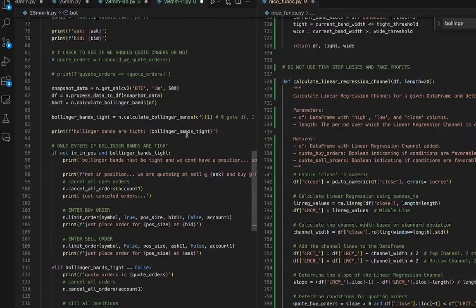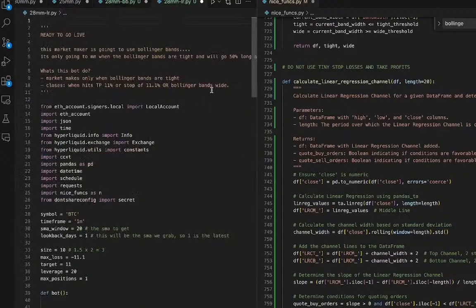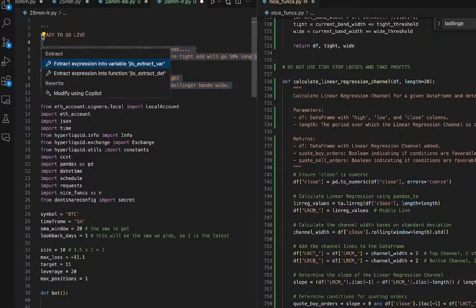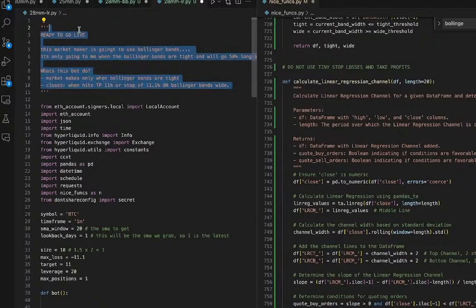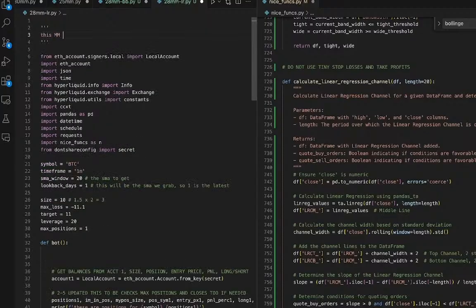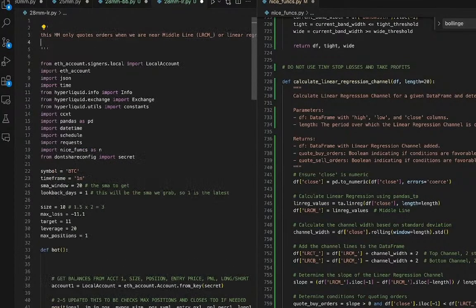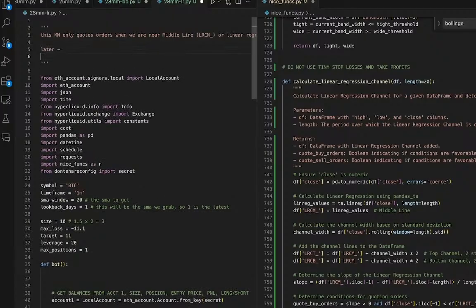I think what I'm gonna do for this one, so let's say this MM only quotes orders when we are near the linear regression channel. What's it called?